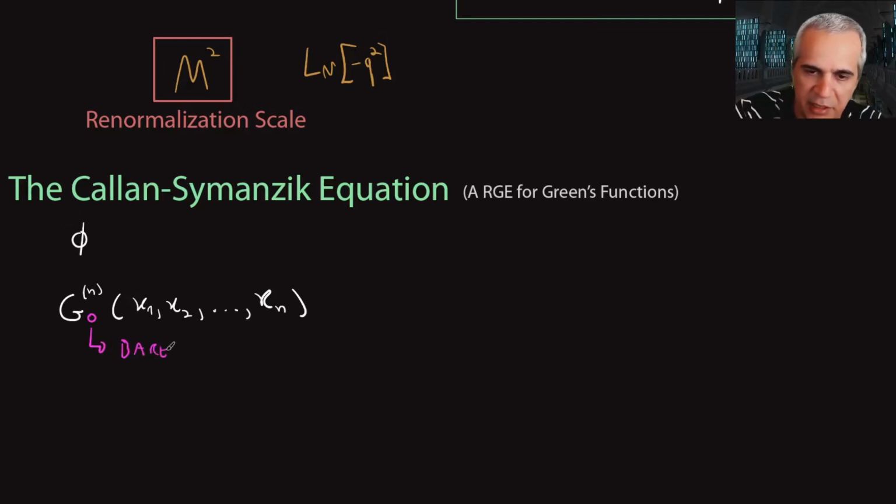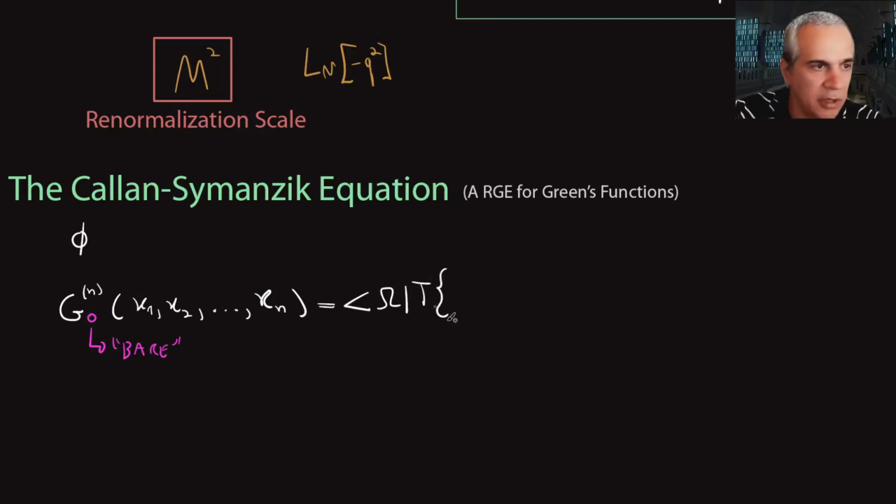What does bare mean here? It means I didn't renormalize my theory yet, so this could potentially be a diverging quantity at one loop. I don't care. I'm just talking about the Green function before I did any renormalization. And this can be written as this right here: the time-ordered product of n scalar fields.